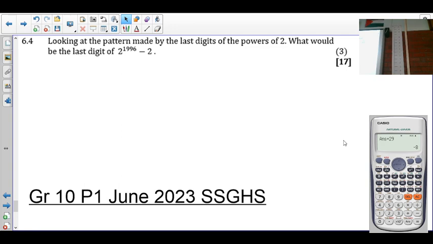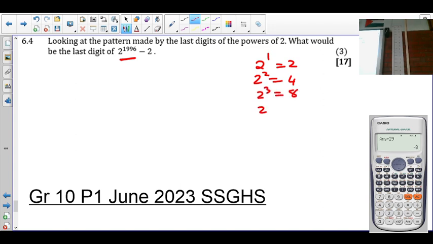If you look at this, I'm going to consider that first. 2 to the 1 is 2, 2 to the 2 is 4, 2 to the 3 is 8, 2 to the 4 is 16, 2 to the 5 is 32, 2 to the 6 is 64, 2 to the 7 is 128, 2 to the 8 is 256.